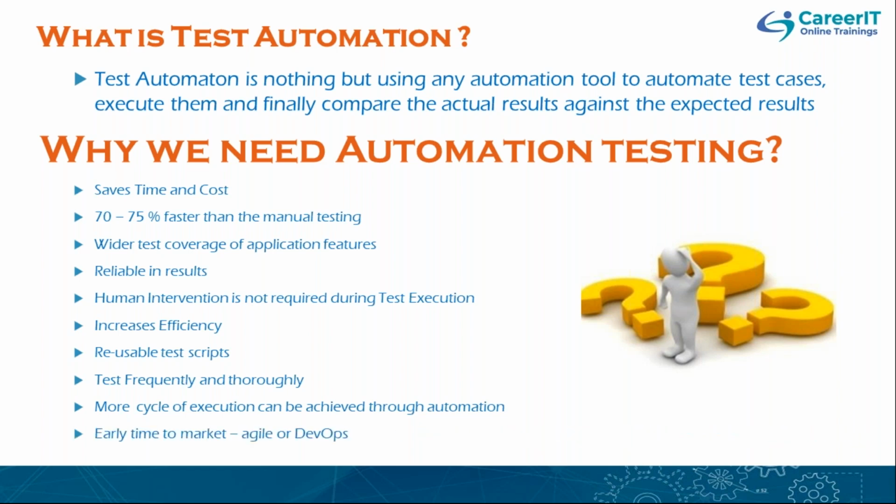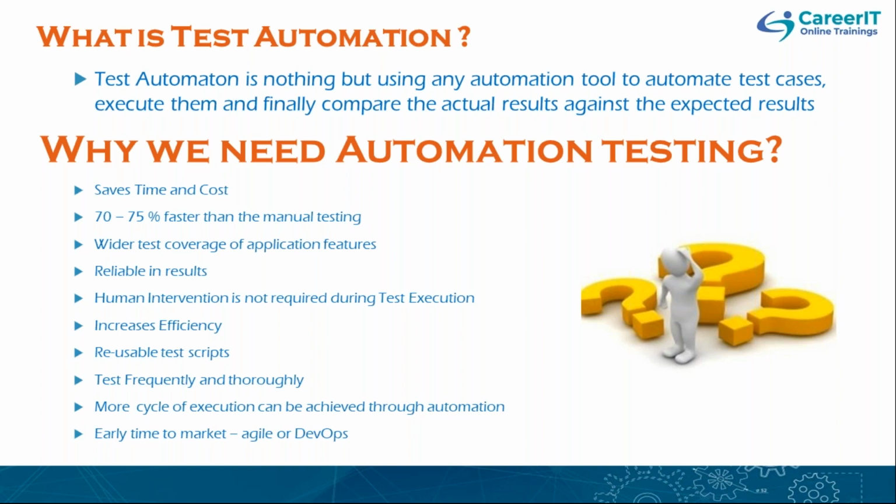And finally, if you have a test automation framework, or dedicated test automation in your project or product, your product can be released to the market early. In the current trend of agile or DevOps methodologies, everyone, even stakeholders or product managers, is really looking for a faster way of releasing their applications to the market.